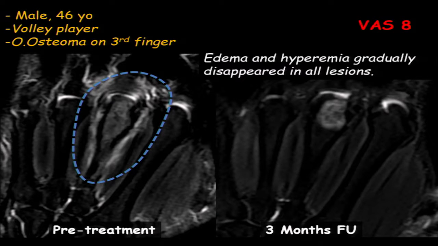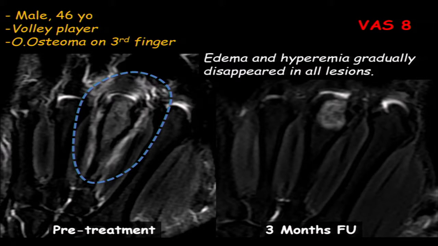This is another interesting case. What we can see here is a volleyball player with an osteoma on the third finger, in the metacarpal part. We can see where the circle is, that it is the lesion itself, and also the whole edematized part and the inflammatory response. This is pre-treatment.